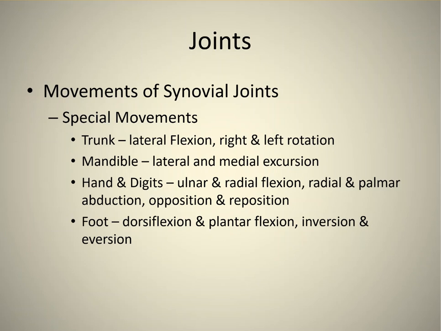And then foot, dorsiflexion and plantar flexion. That is when you step down, press down, is plantar flexion. When you pull your foot up, it's dorsiflexion. And then when you curl your foot to the inside, to the medial part of your body, it's called inversion. Moving it out is called eversion. And these are really only for the foot.